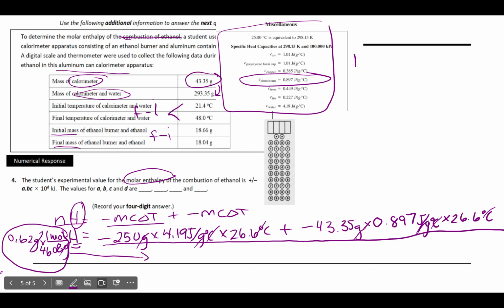So to get H alone, again, we're going to get that total from the right-hand side, and it is a fairly large number. 28897.839, and this number is going to keep going. It is in joules, and try not to round too early because it can affect just that little bit at the very end, and sometimes it will matter.